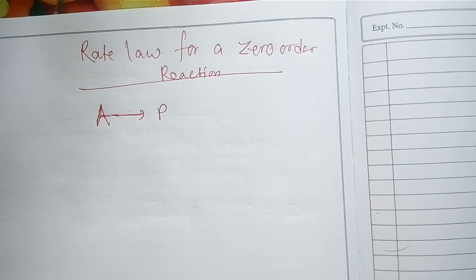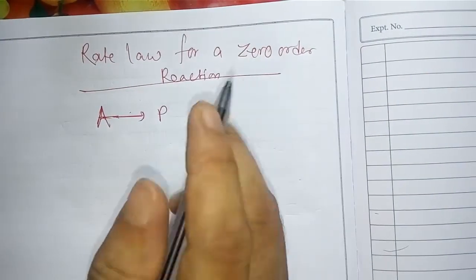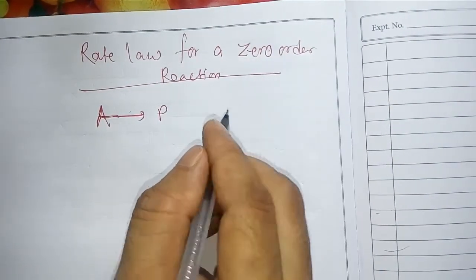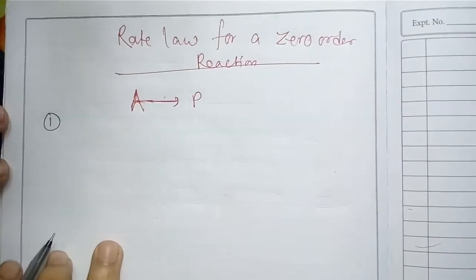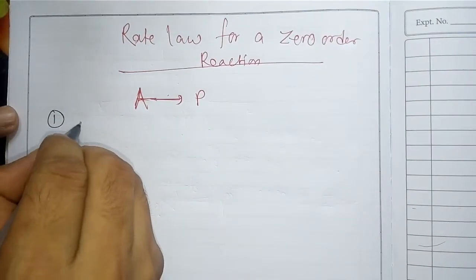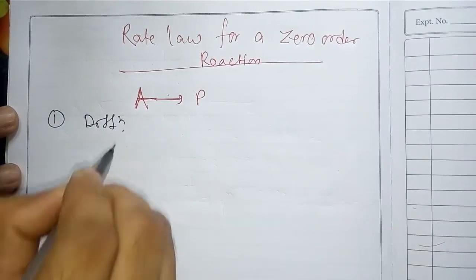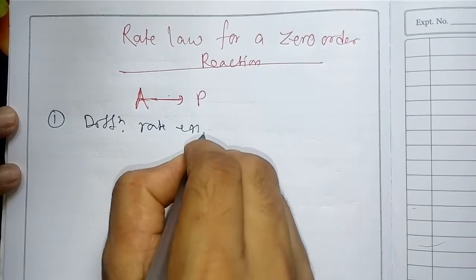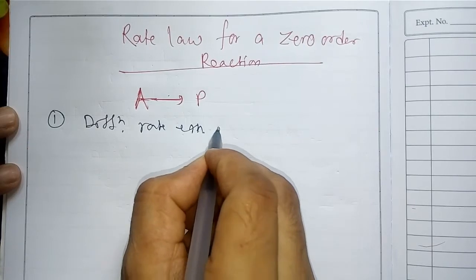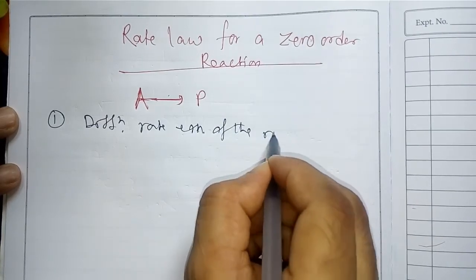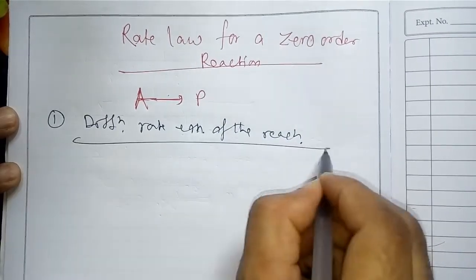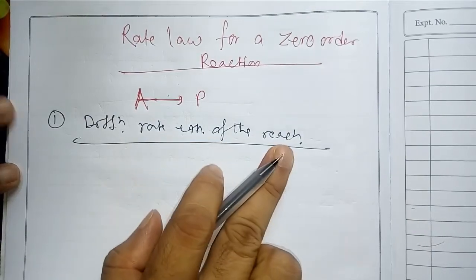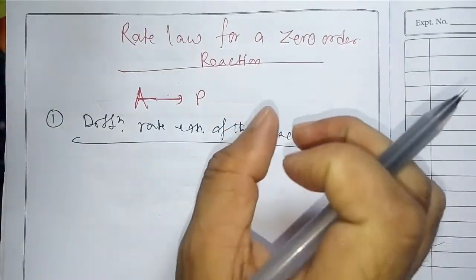Now, the differential rate equation of the reaction. This is number one.